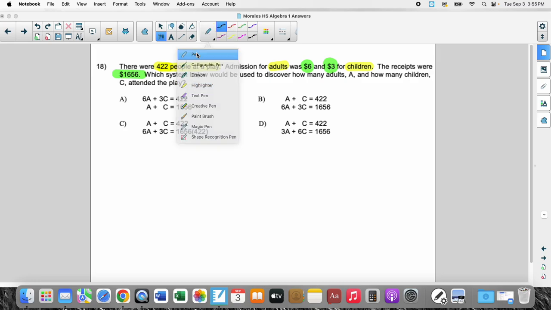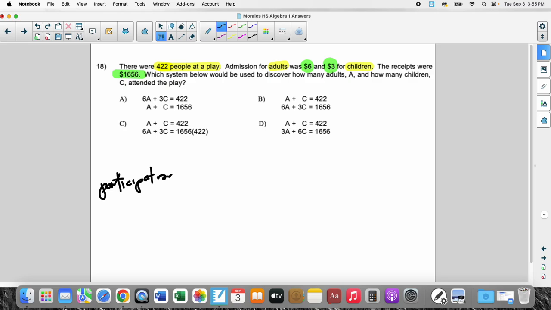So we have one statement which is on participation or population, and that's people. So there were 422 people, and that consisted of A and C, where A is the number of adults and C is the number of children. So these are people, and people should equal the total people.